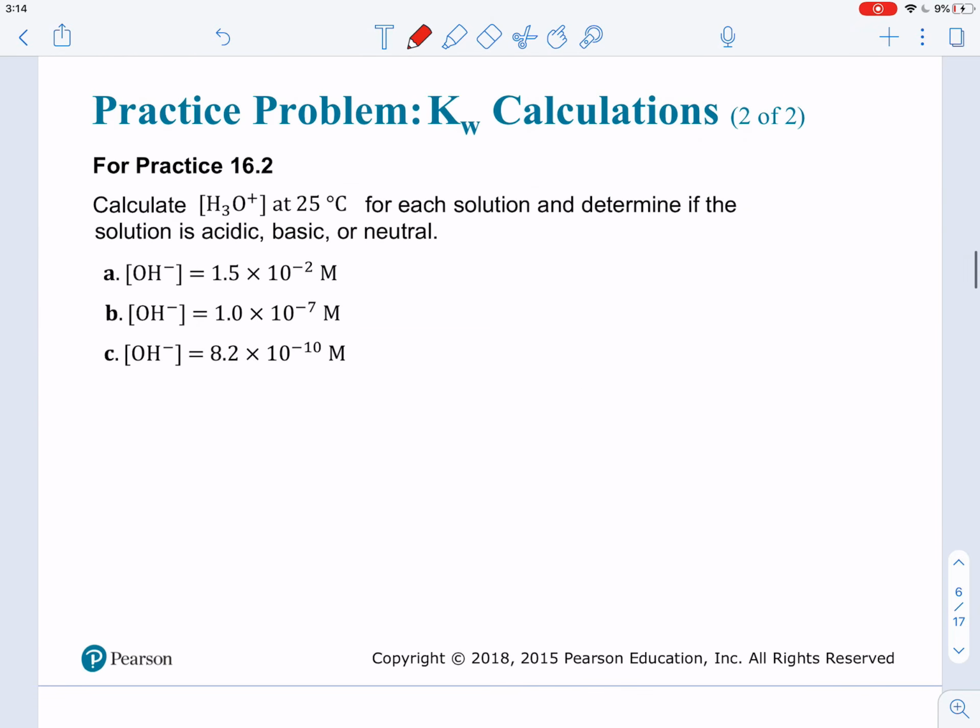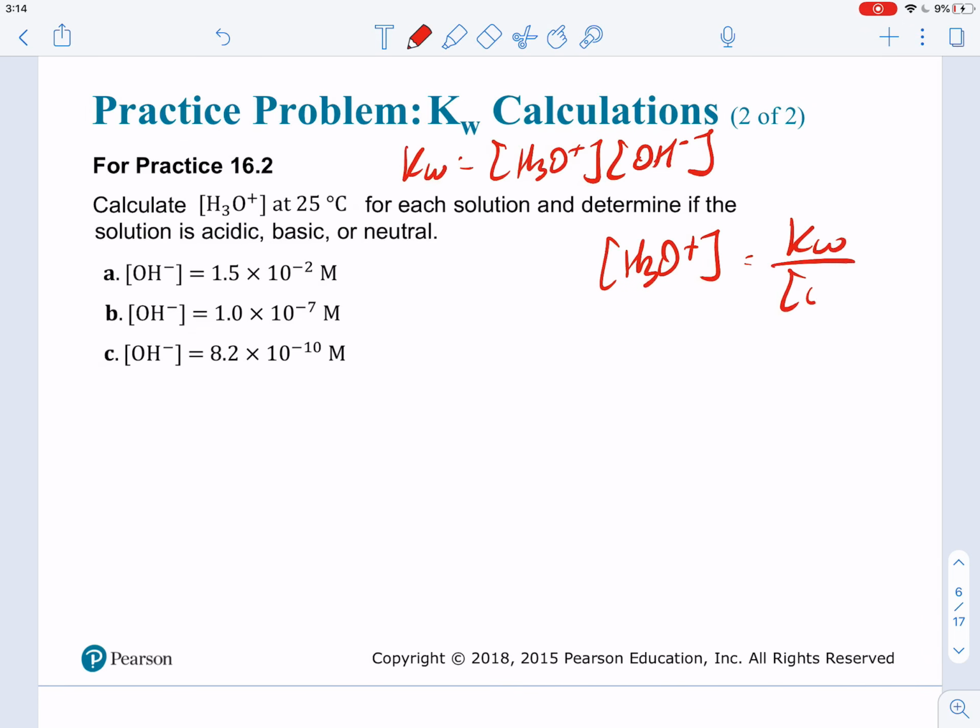So the other way around, we can also work it out. Once again, Kw is H3O plus times OH minus. In this case, we are calculating H3O plus, so H3O plus is Kw over OH minus.